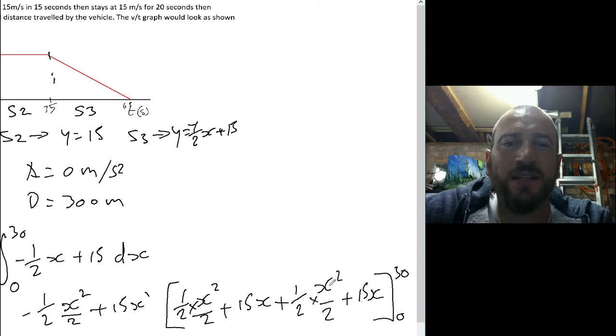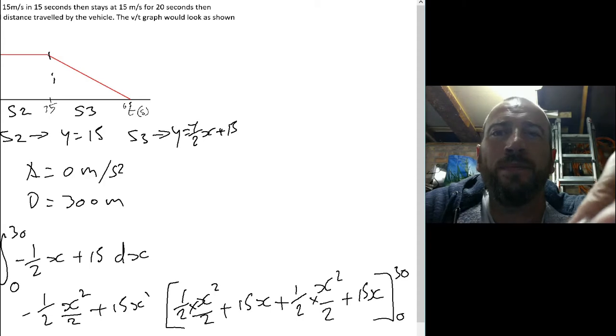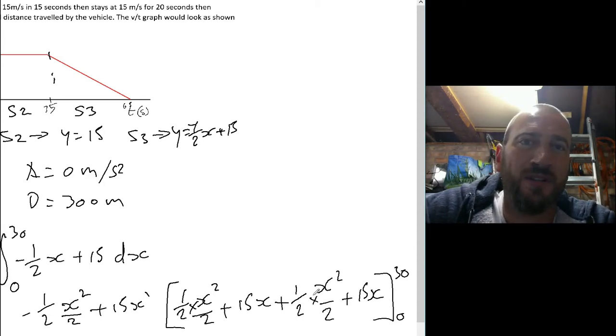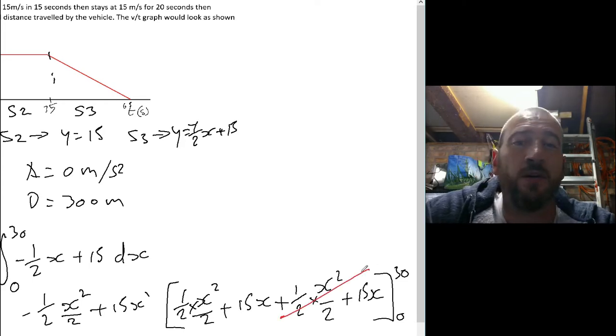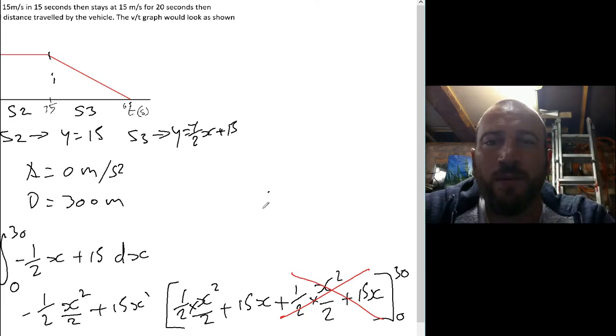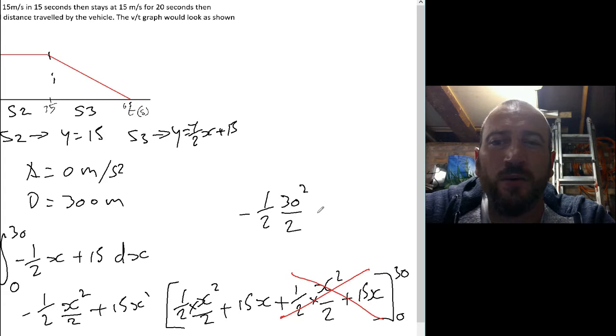As you can see, for the lower limit, since x is 0, we've got half times 0 squared over 2 plus 15 times 0, so this is just going to cancel off, and we're left with the upper side. If we write that out, we get negative 1 over 2 times 30 squared over 2, plus 15 times 30.